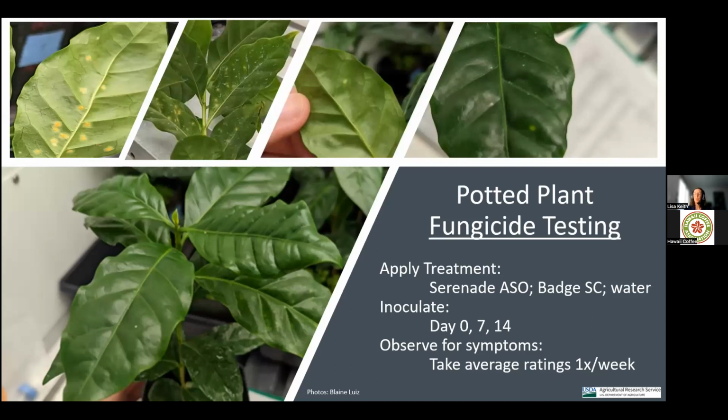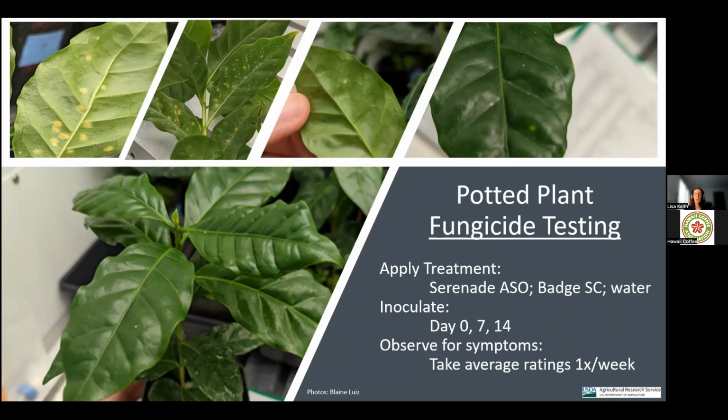We're moving on. It's a little more challenging to work with the living plant. But the next step oftentimes is seeing what these products can do, how long they can protect plants, using potted seedlings. Here's just an example of some data for the treatments, looking at Serenade and Badge compared to a water control.